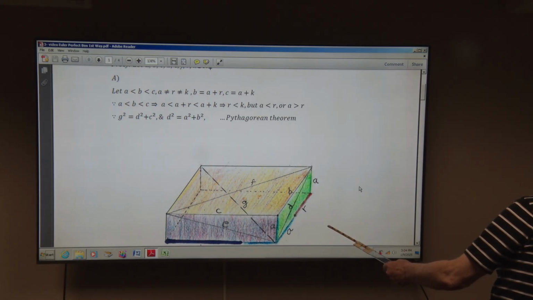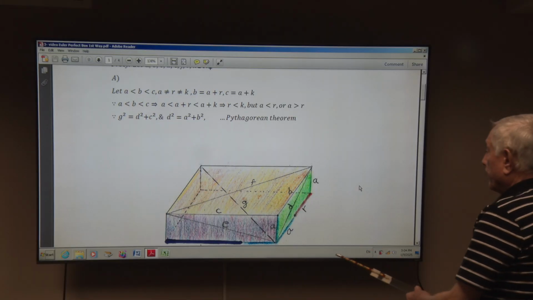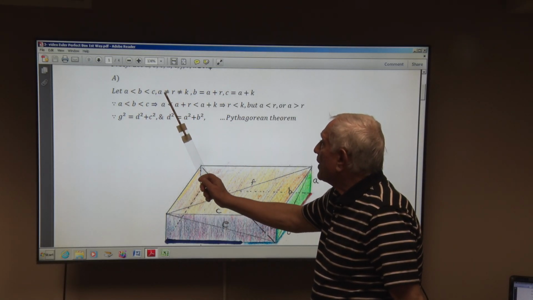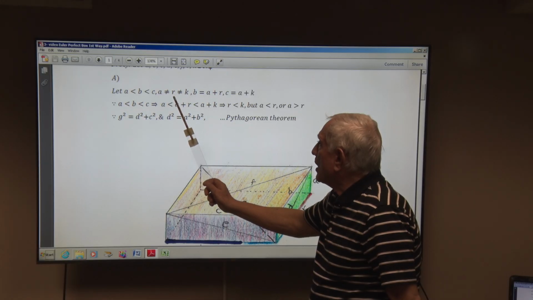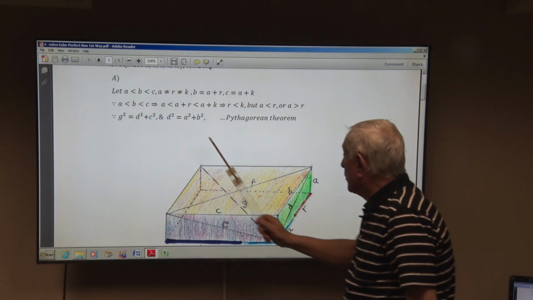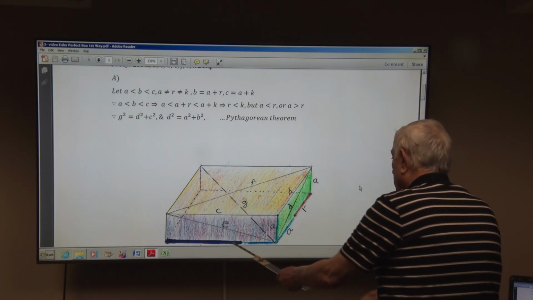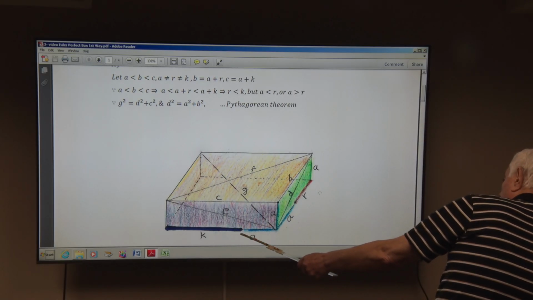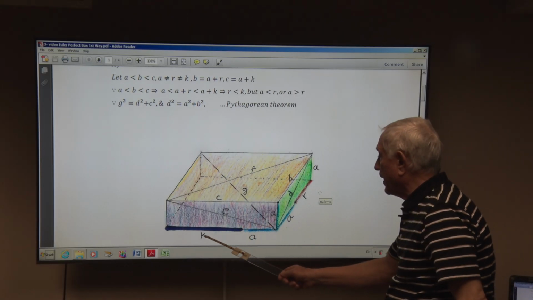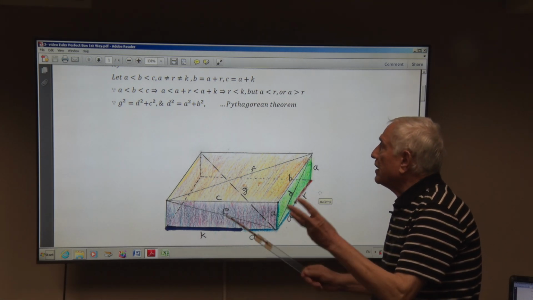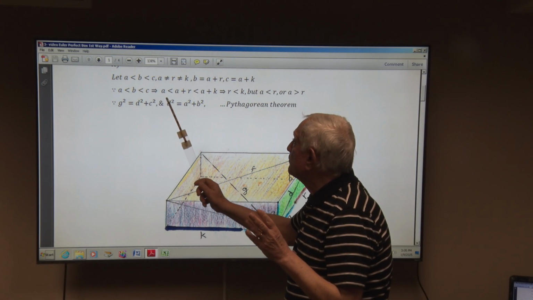Part A. Then A is not equal to R and not equal to K. What is R? This one. R and K, this blue one, maybe you will see it well now. K, R, K, and A, those three letters are not equal.